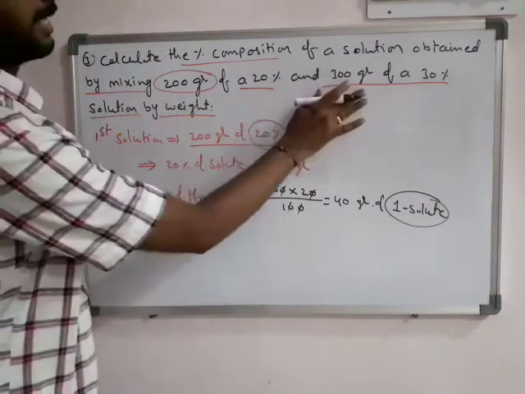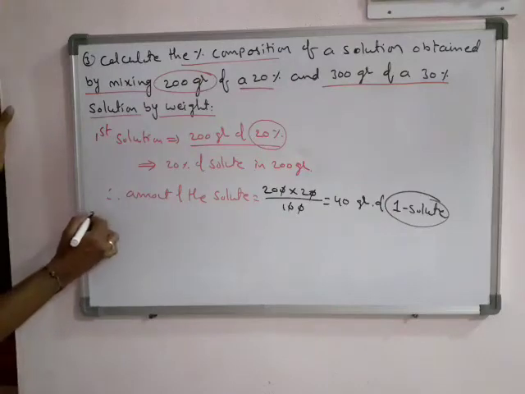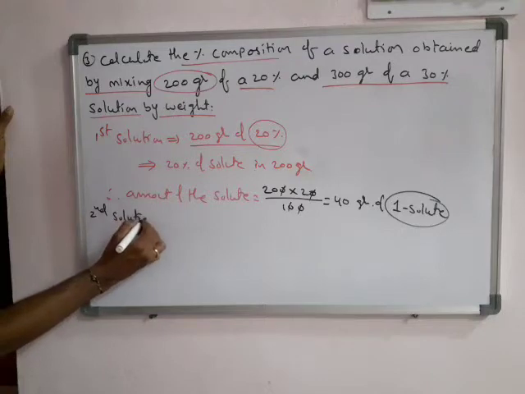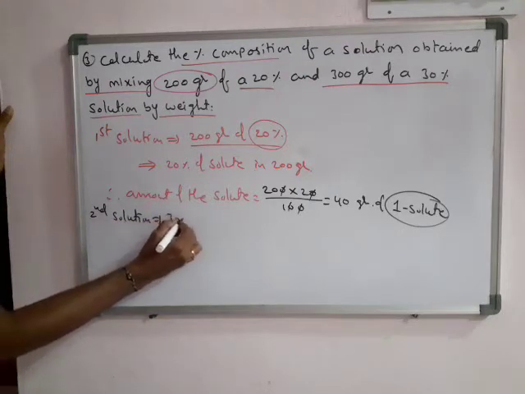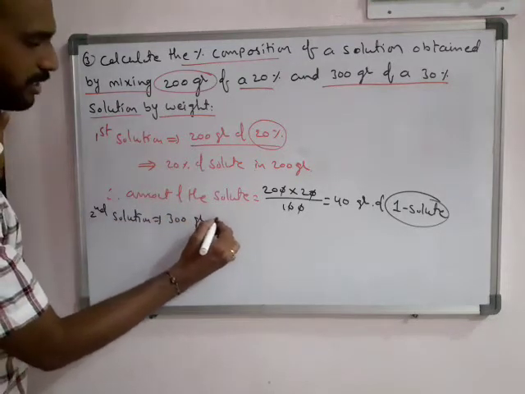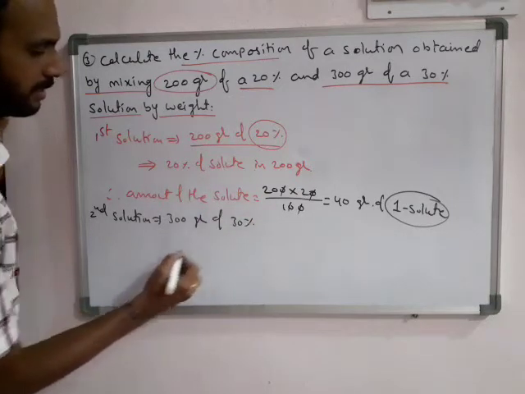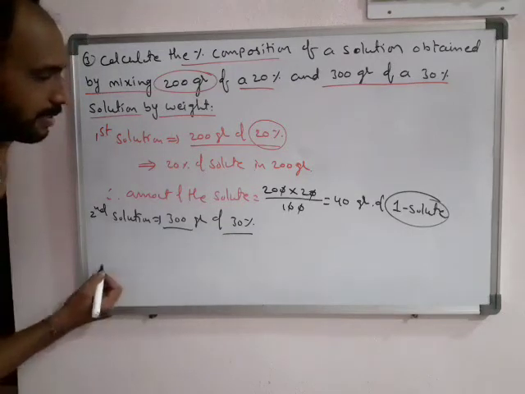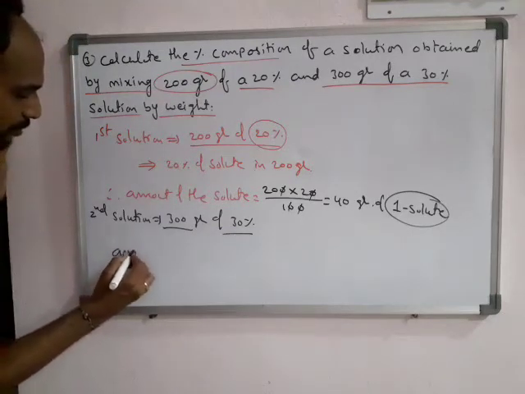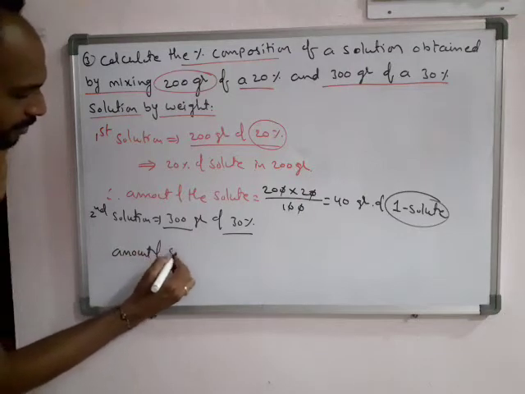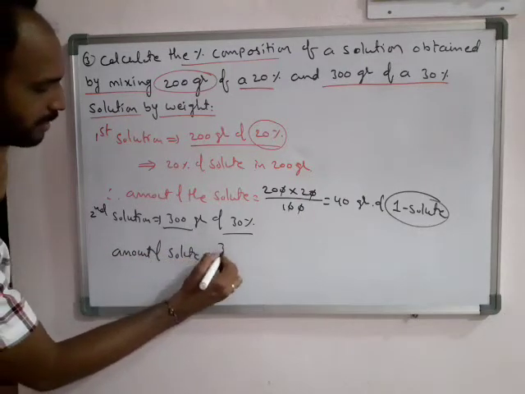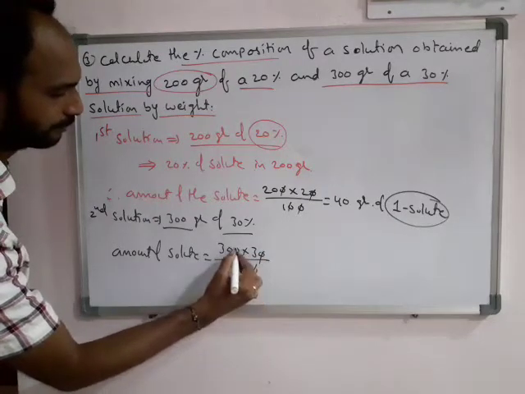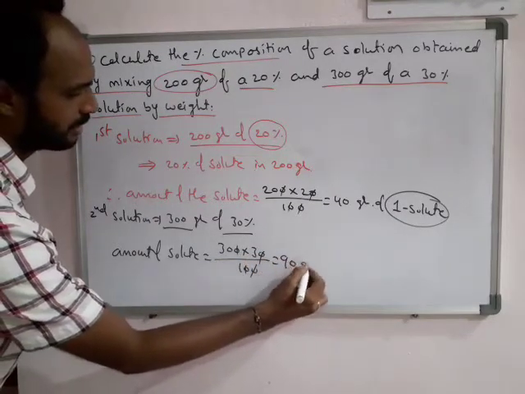Then what about the second solution? The second solution is 300 grams of 30%. In 300 grams, the solute mixed is 30%. Therefore the amount of solute we can write is 30% of 300, that is equal to 90 grams.